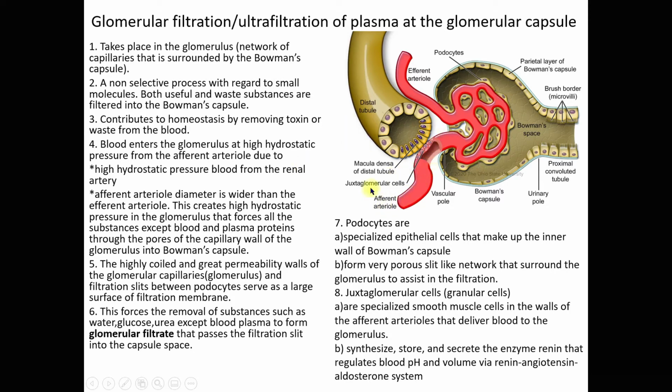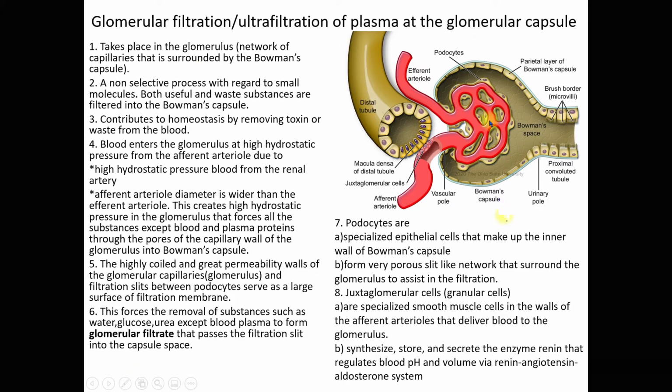This afferent arteriole delivers blood to the glomerulus, and the blood contains toxins as well as nutrients. Now, these juxtaglomerular cells synthesize, store, and secrete renin. Renin is an enzyme, and this renin is needed to regulate the blood pH and blood volume via the renin-angiotensin-aldosterone system, which we learn in the next video.